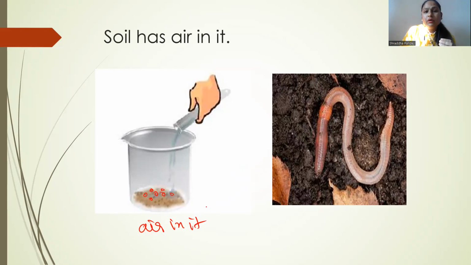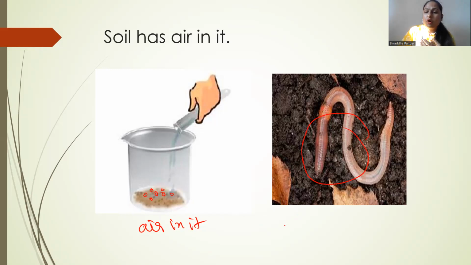Also, some animals come out in the rainy season. When there is heavy rainfall, the earthworm comes out. Why? Because there is no air, no oxygen supply in the soil.